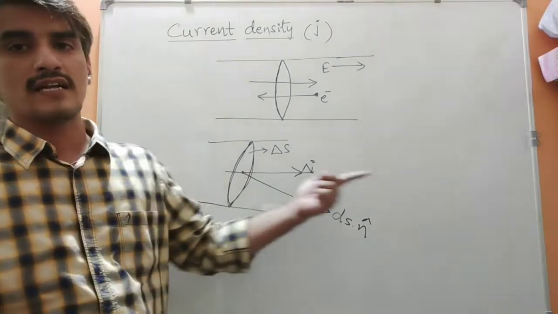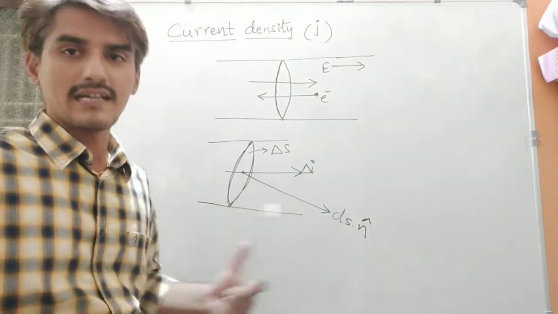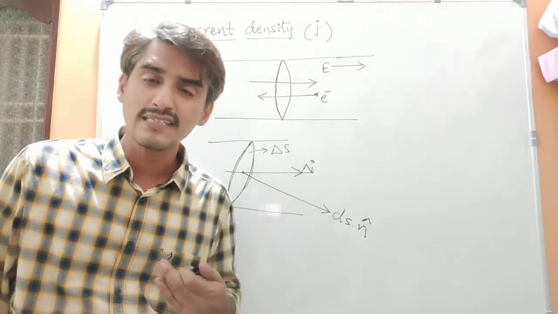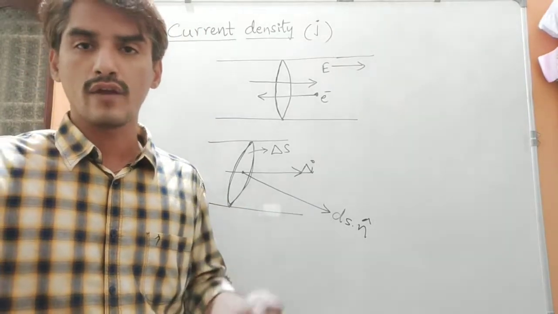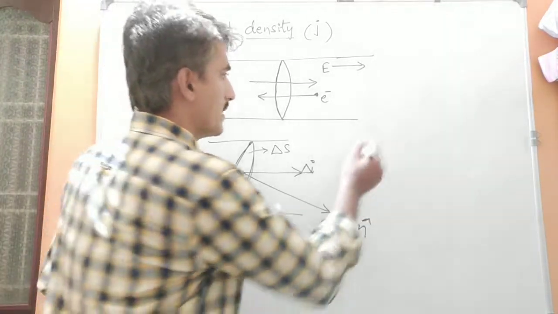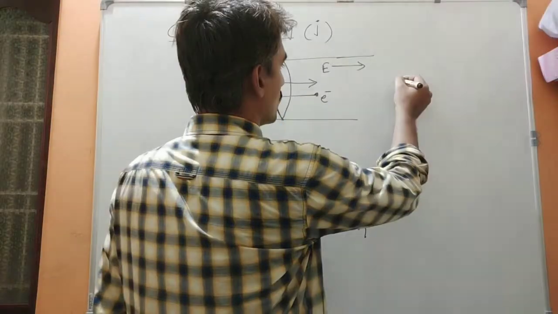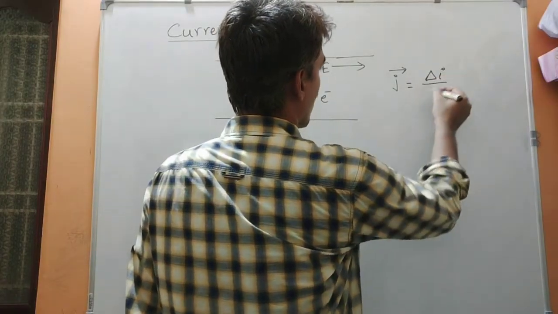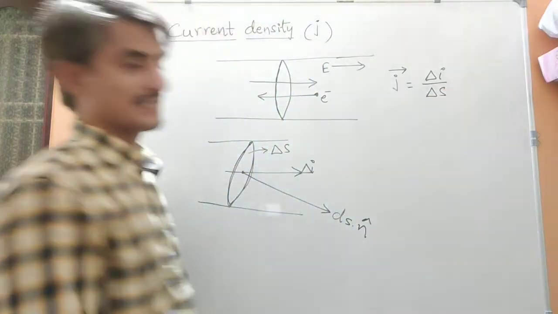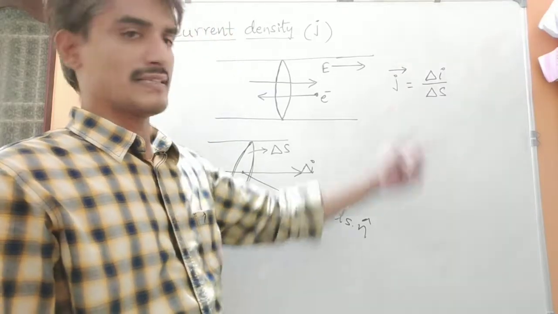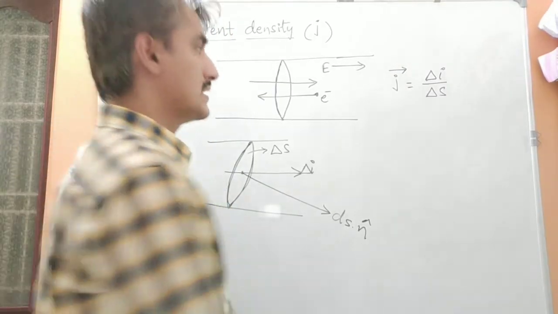Now, how much current is flowing through this area? That is called current density. Current density can be defined as the amount of current flowing through unit area. So we can write J bar is equal to delta I by delta S, where delta S is the area.